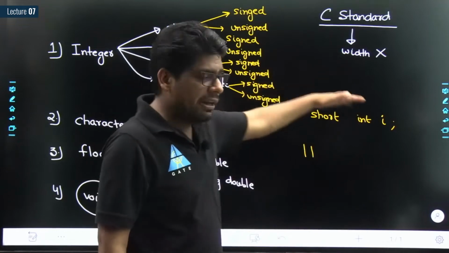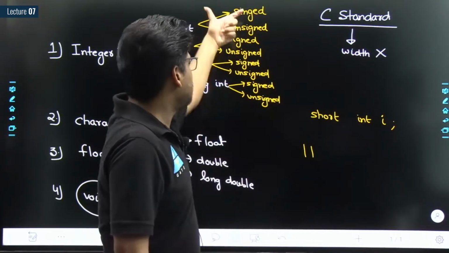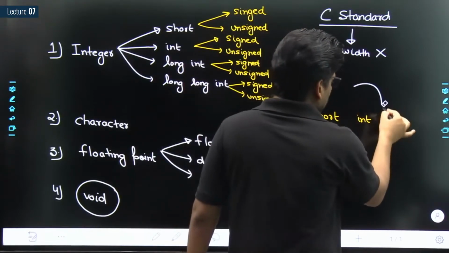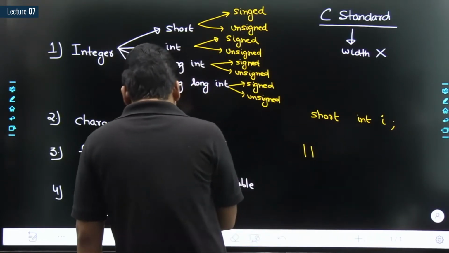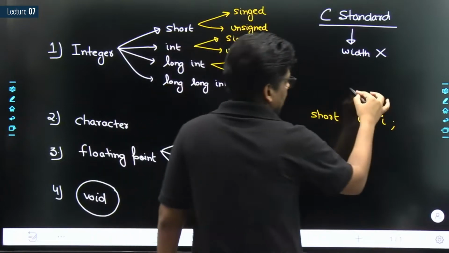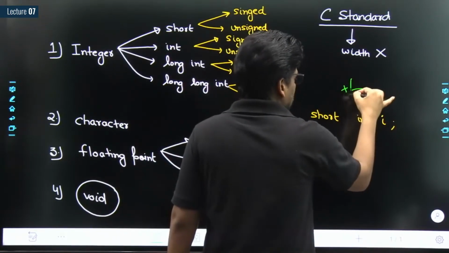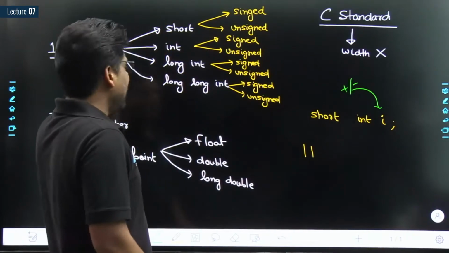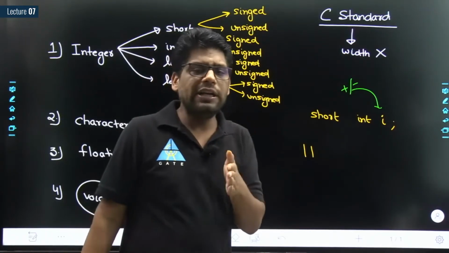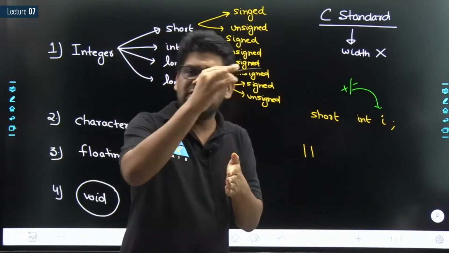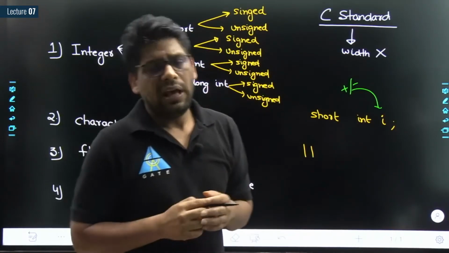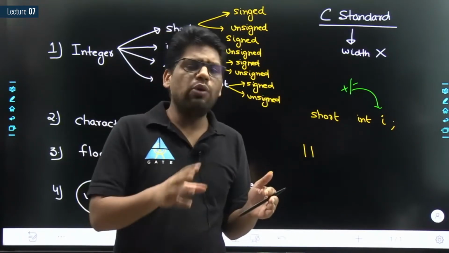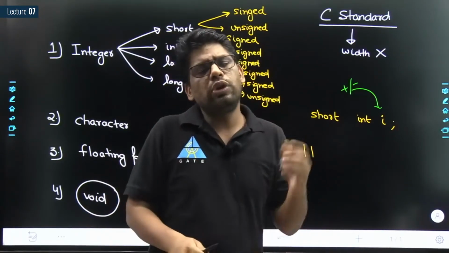If you declare a variable like this without specifying whether it is signed or unsigned, what are the allowed values that go inside A? By default, every variable stores positive as well as negative values. But what if a variable is supposed to take only positive values?